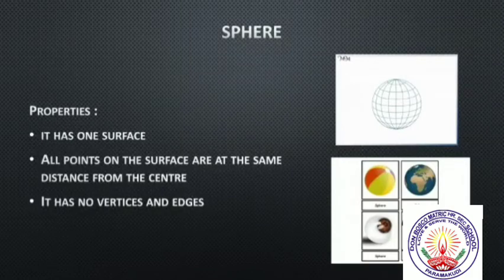It has a center point and radius. See these examples: ball, earth, eyeball, orange. These all are examples for sphere.